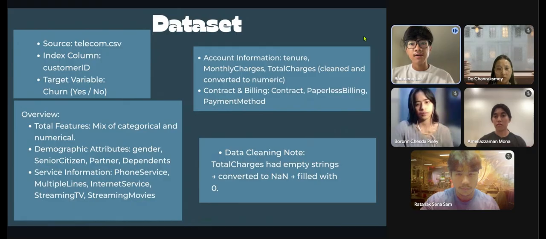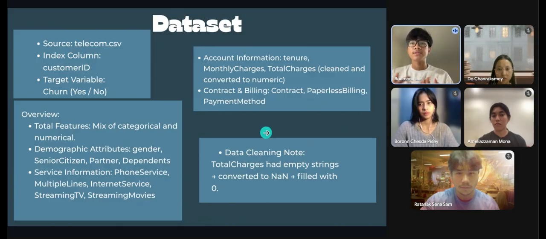We also have the account information such as tenure, monthly charges, and total charges. And lastly, we have the contract and billing details, which include contract, paperless billing, and also payment method.